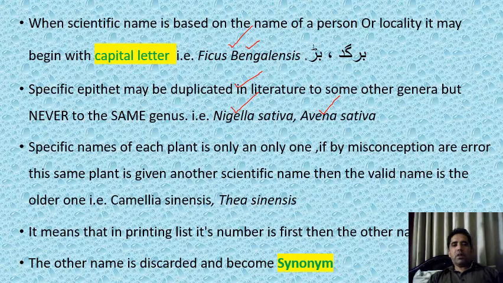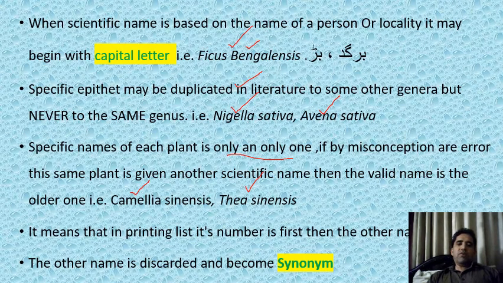The next property of a scientific name is that a scientific name is only and only one. If by misconception or some error, one plant is given two scientific names, for example, this is Camellia sinensis and this is Thea sinensis, both names are given to the tea plant.